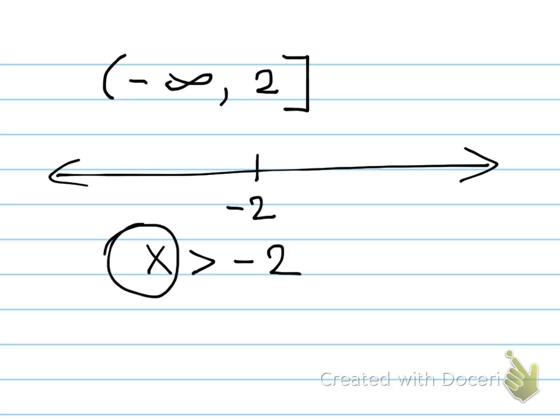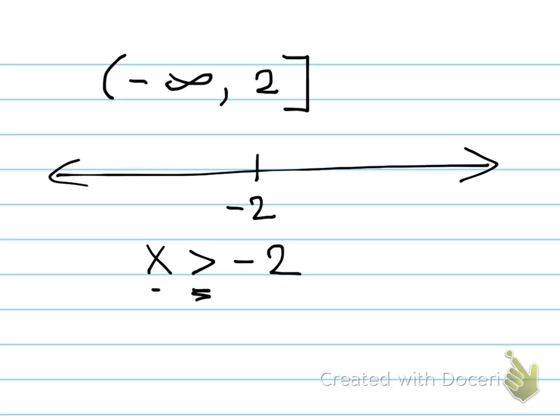Now, in order to know that, the x has to be completely by itself, though. Right? So you may have to solve it first. If the x isn't by itself, can you graph it? No. But in this case, the x is by itself, right? So, I put my negative 2 on the graph, and then I need to know where my shading is going to go. What does this say?